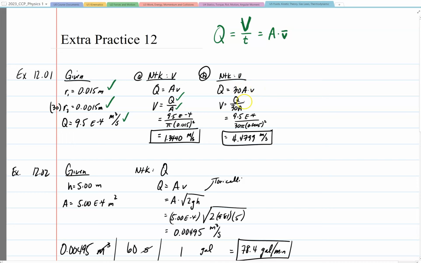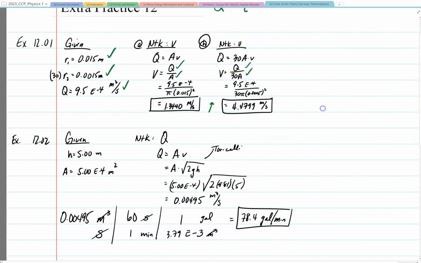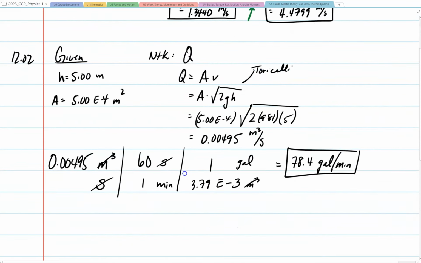When we isolate velocity this time, we'll take our flow rate and divide it by 30A, and we end up seeing that the velocity is 4.5 meters per second. So it's good to see that the flow will increase. I think that makes sense. We have a large garden hose and the water's moving through at one particular speed, but as it exits through the sprinkler nozzles, we see that the velocity has increased.